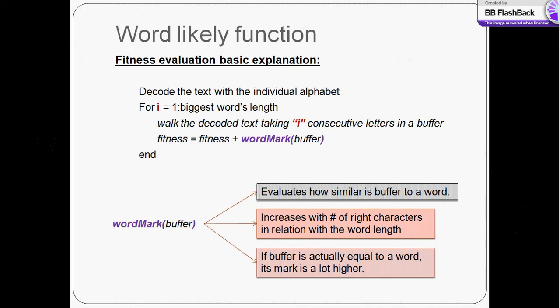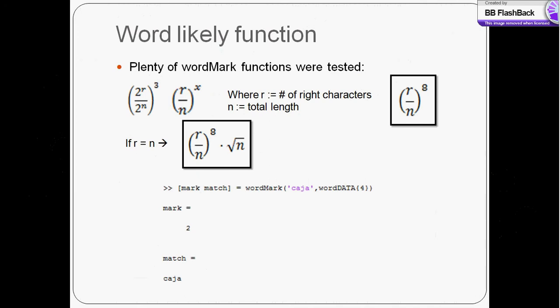This function will increase with the right number of characters in relation to the word length, and if the buffer is actually equal to a word, its mark will be a lot. Having these 3 things in mind, I have tested a lot of functions, and I have found the one in between squares to be efficient and to behave the way I want. Here below you have some samples of the mark and match obtained for certain words, certain buffers.